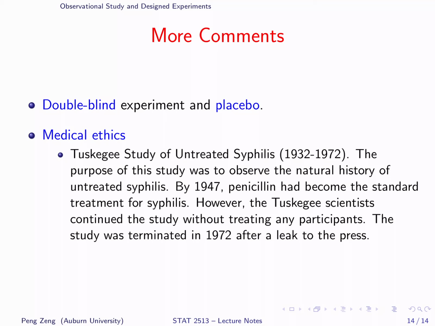During the study, we also need to check regularly whether things have changed, particularly for those studies lasting for many years. In the Tuskegee study, the scientists should have terminated the study immediately after penicillin became the standard treatment for syphilis.